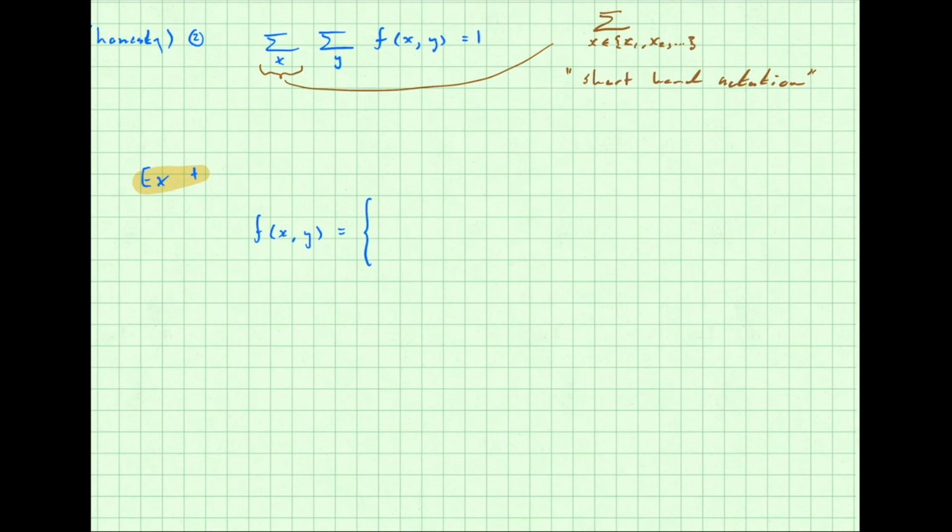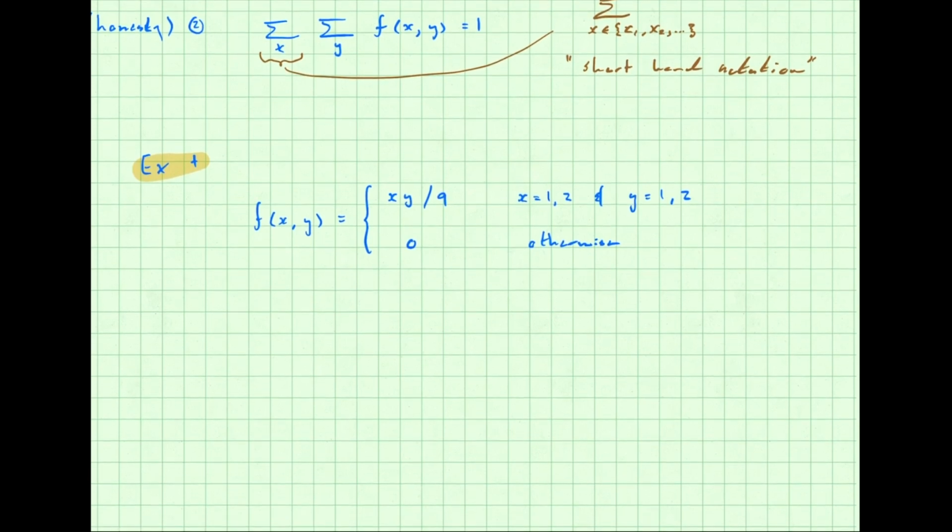So let's suppose that it's x times y divided by 9 if x is equal to either 1 or 2 and y is equal to either 1 or 2, and then it's 0 otherwise. So both x and y are random variables that can only take on 2 values. We've called them 1 and 2. And those are the probabilities that it can take.